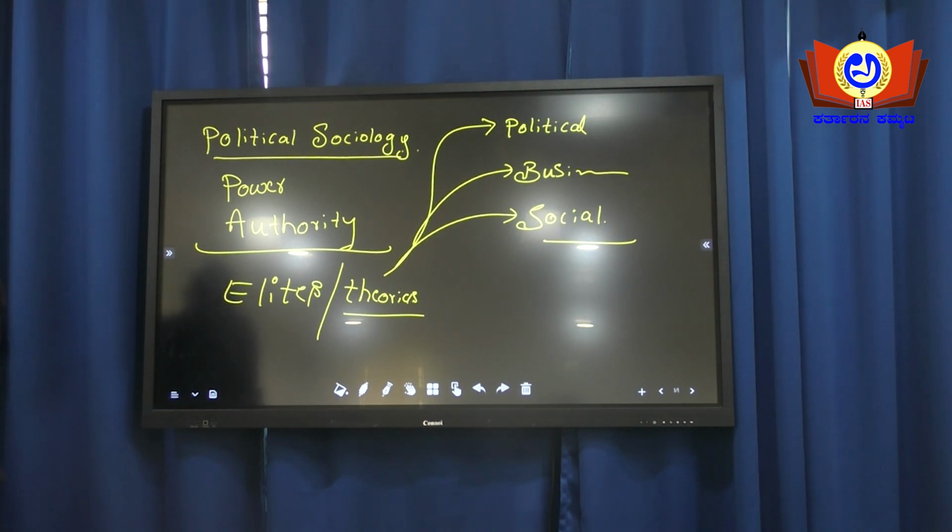Okay, the people who are actually wielding political power are political elites. Then we talk about business elites. We know who the people in business are from age old, not today. Today you don't tell Reliance at all, but I am talking about age old. Jains, community wise I am talking. Jains, Chettiyars, Vaishyas, all are considered business elites.